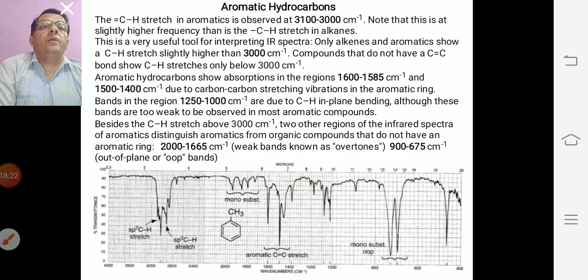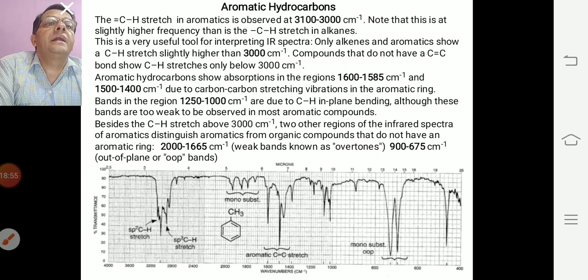In the case of aromatic hydrocarbons, the double bond CH stretch in aromatics is observed at 3100 to 3000 per centimeter. As you know, the sp2 hybridized CH stretch is after 3000, that is around 3100. Note that this is at a slightly higher frequency than the CH stretch in alkanes, and this is a very useful tool for interpreting IR spectra.